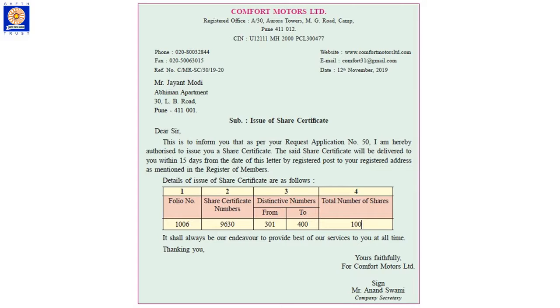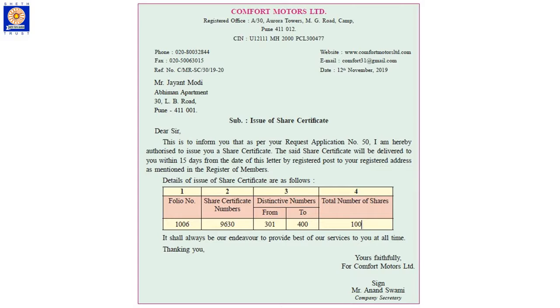Now let's see from the beginning, that is the heading of the letter. You can see Comfort Motors Limited, registered office A30, Aurora Towers, MG Road, Camp, Pune 411012, and you can also see the corporate identification number.